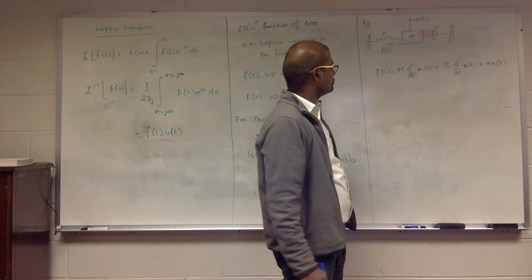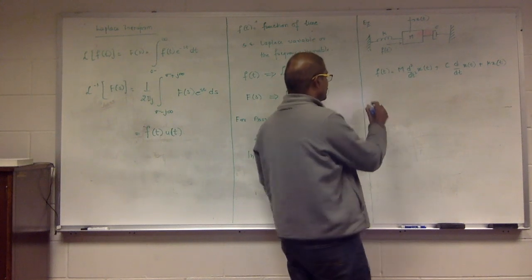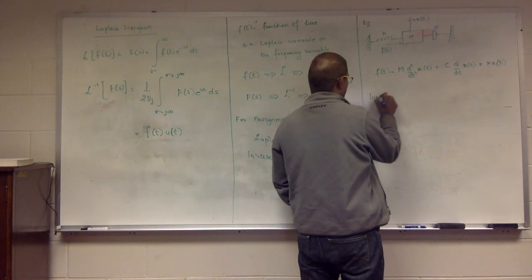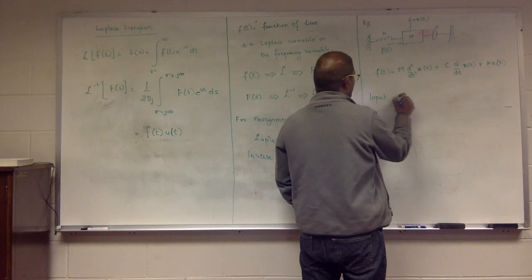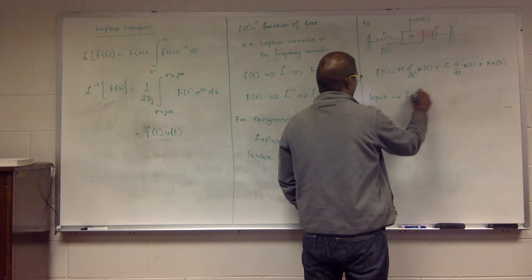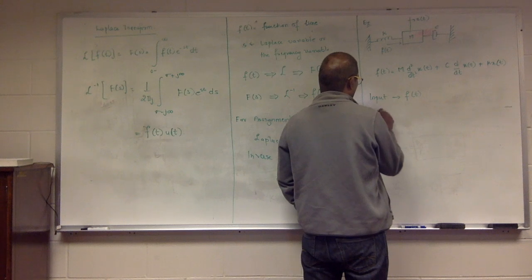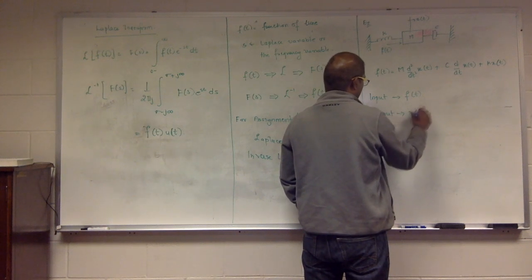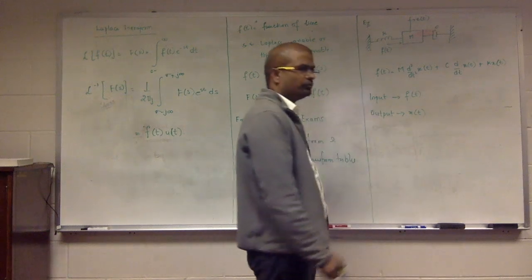So what you're trying to understand here is, what is the input? Input is f of t, right? What is the output? X of t. Got it?